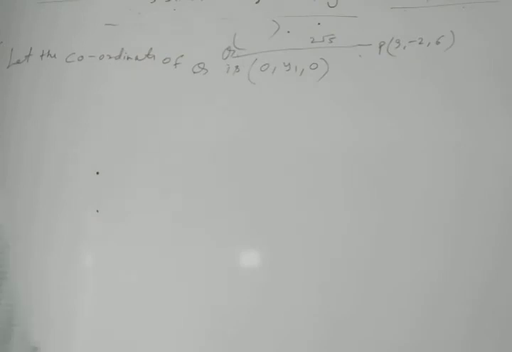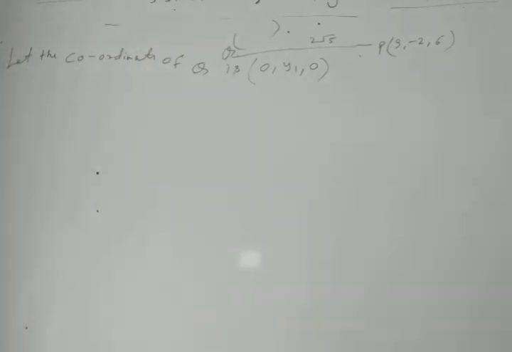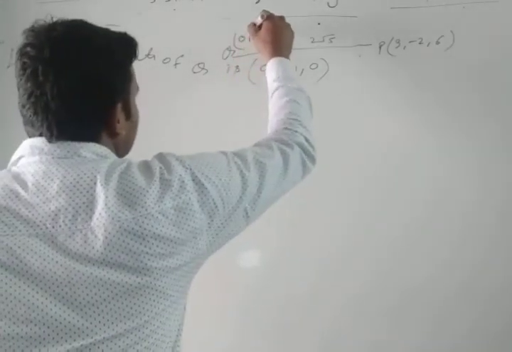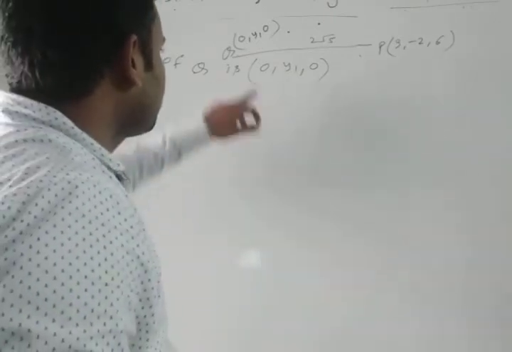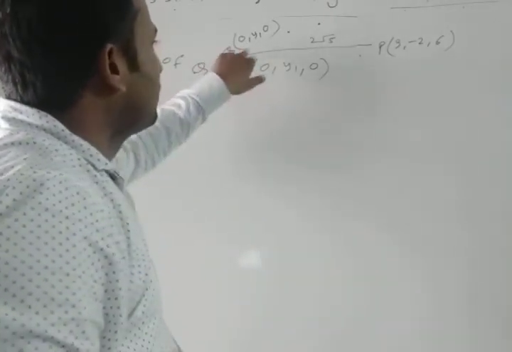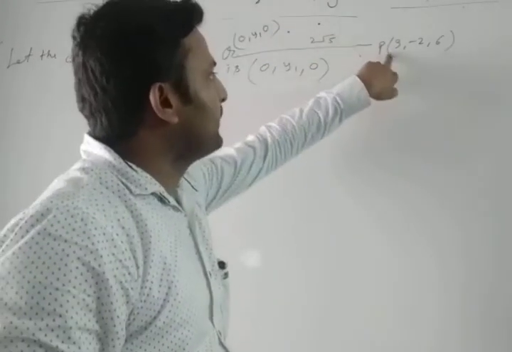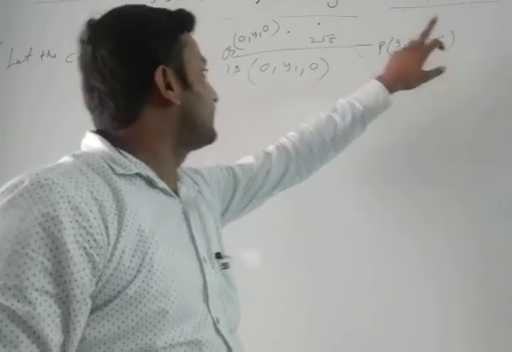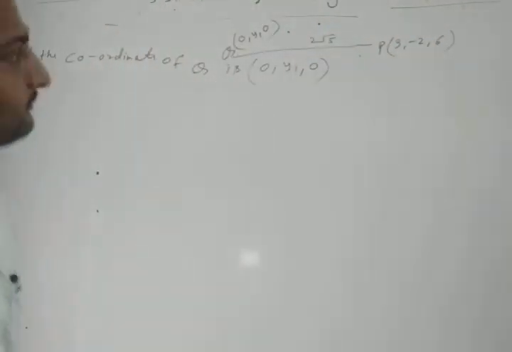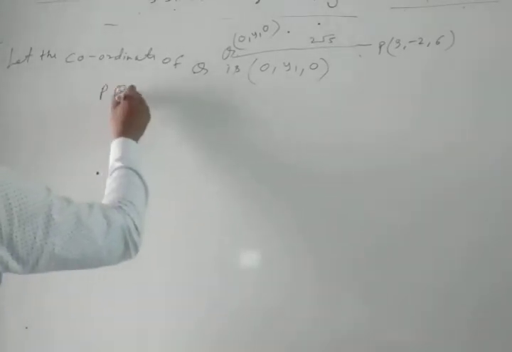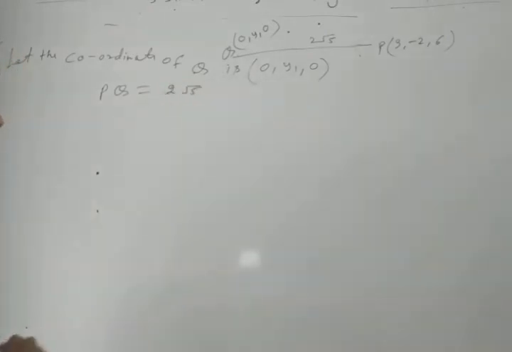The coordinate on the y-axis is (0, y1, 0). So the coordinate of Q is (0, y1, 0). And we are given the point P whose coordinate is this and the distance from Q is 5 root 2. So we can write PQ is equal to 5 root 2.